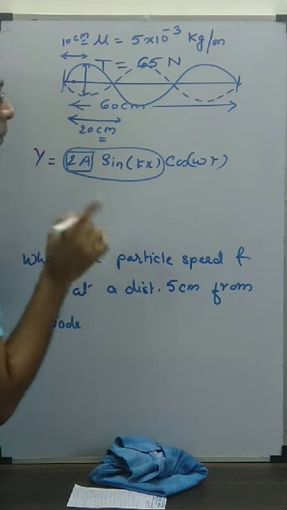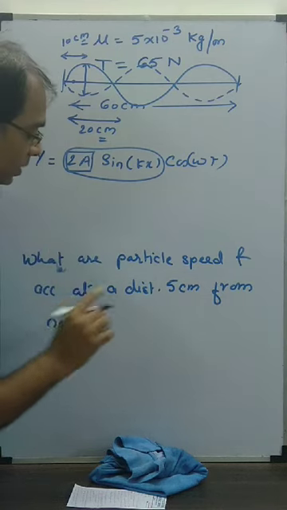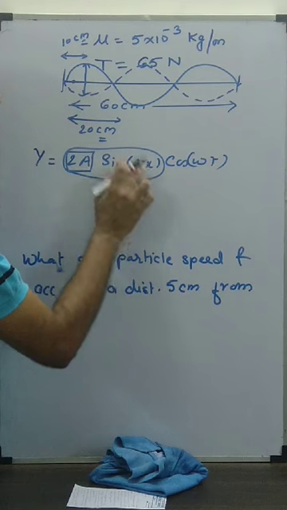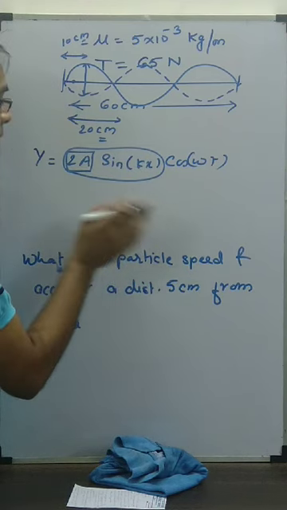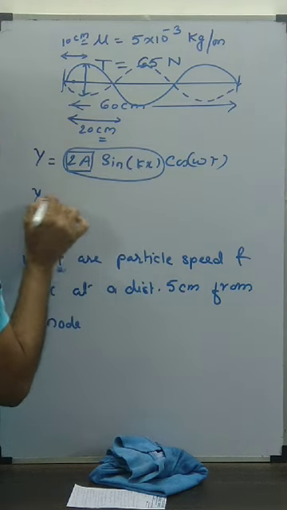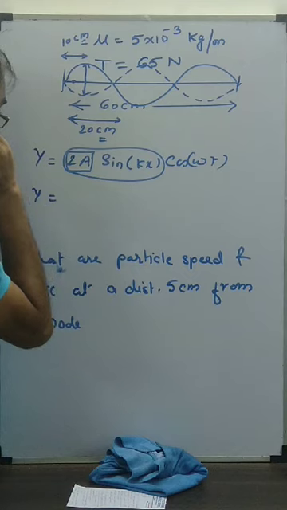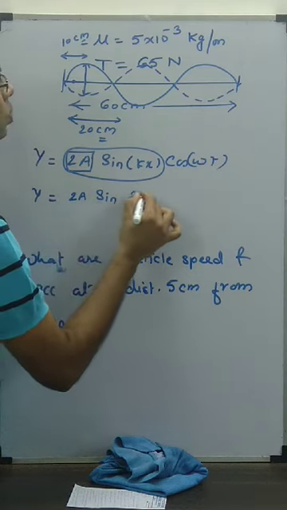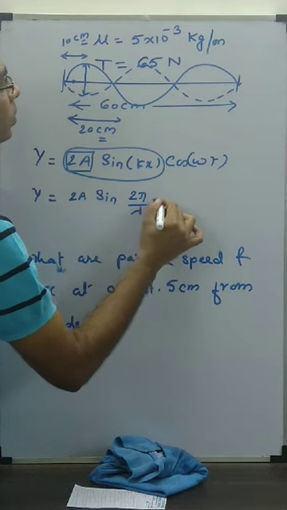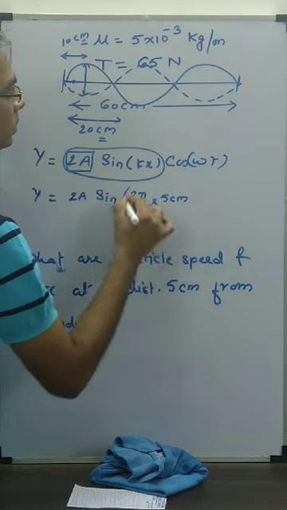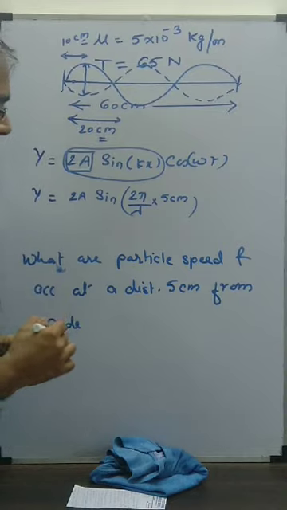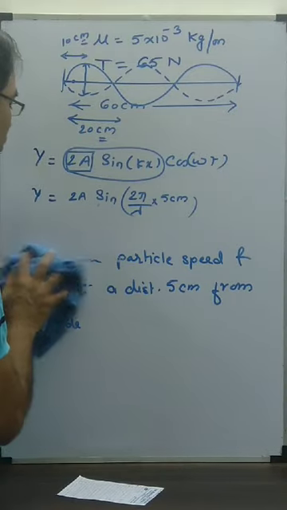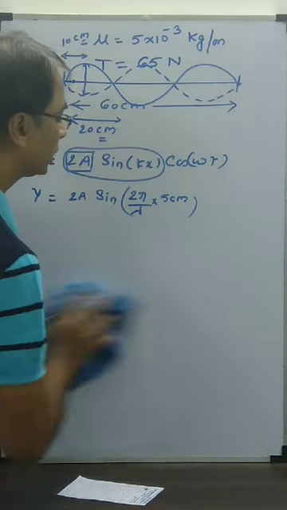We are finding the amplitude of a particle which is at 5 centimeter from the node. That means x value is 5 centimeter. Let's put it. This is the amplitude of that particle, equal to 2a sine of 2 pi by lambda into 5 centimeter. This will give us the amplitude of that particle which is at 5 centimeter. Okay. Now, what is k?